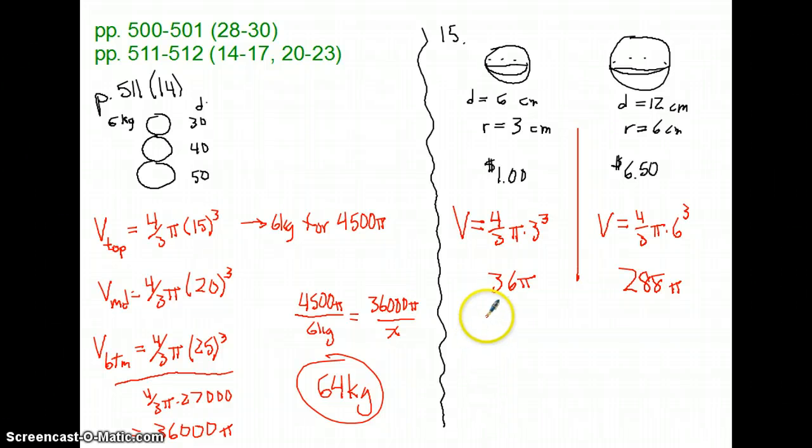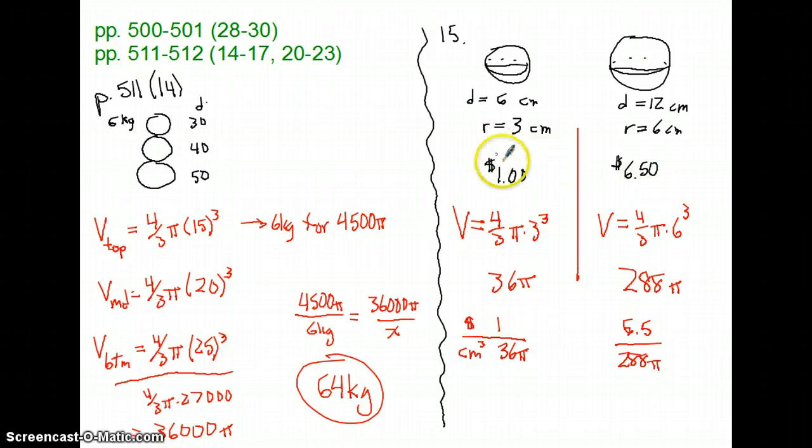So if I want price per cubic centimeter, that's how I need to do my fraction. This is $1 for 36 pi cubic centimeters, so I'm paying that much per cubic centimeter. Here it's $6.50 for 288 pi cubic centimeters.